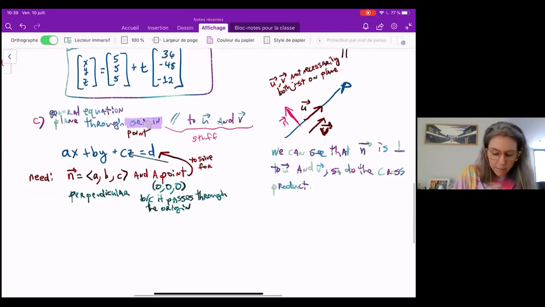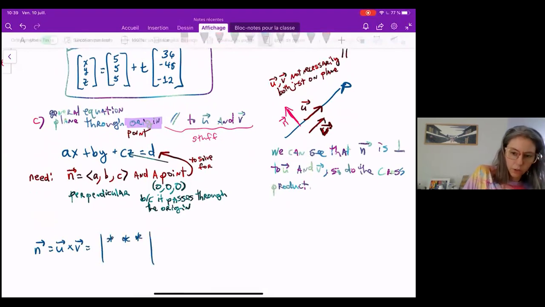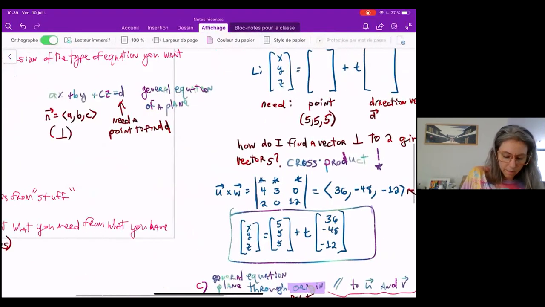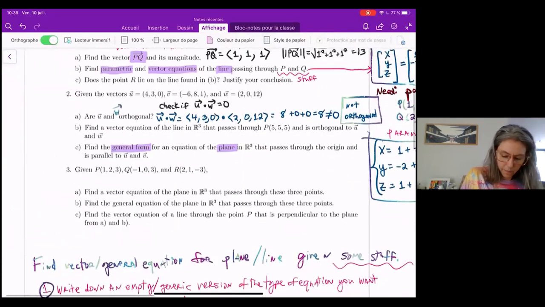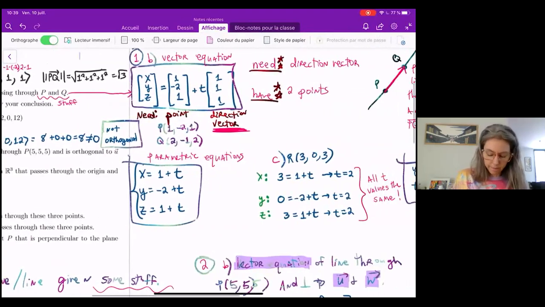In this case, my normal vector is going to equal U cross V. Let me remind ourselves what U and V are. U is (4, 3, 0), V is (-6, 8, 1).